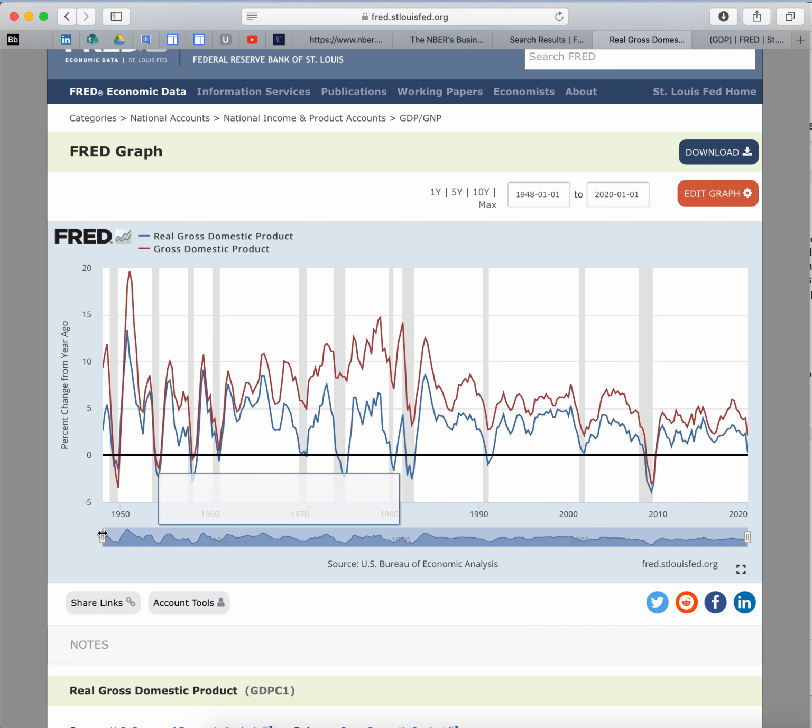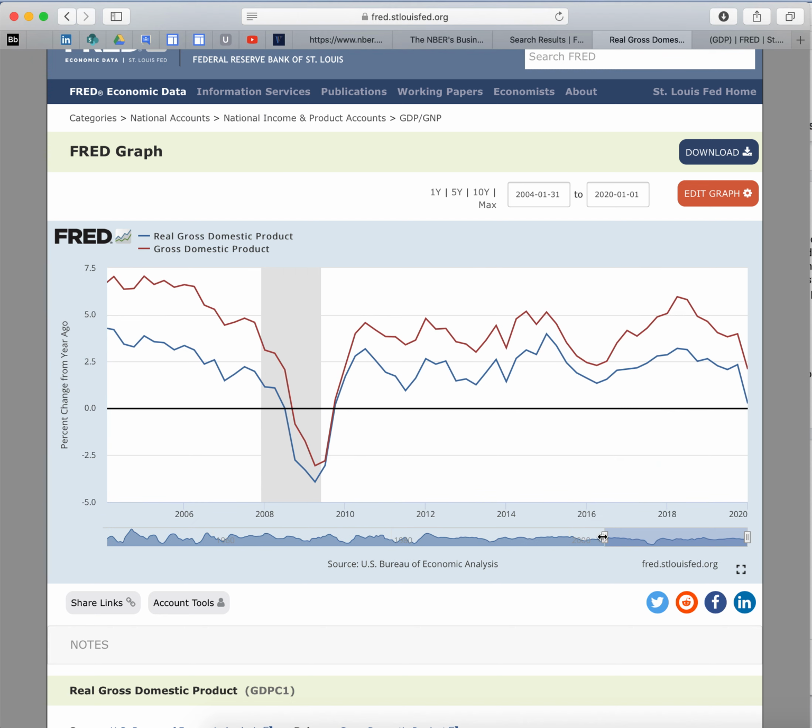In fact, the last time we had a 4% growth rate was way back here and kind of bumped up to almost 4% in the first quarter of 2015. It looks like we were close to 4% over there in the second quarter of 2004. So that 4% number is a hard number to hit. Typically, we like to average right around 2 to 2.5% of real GDP growth.